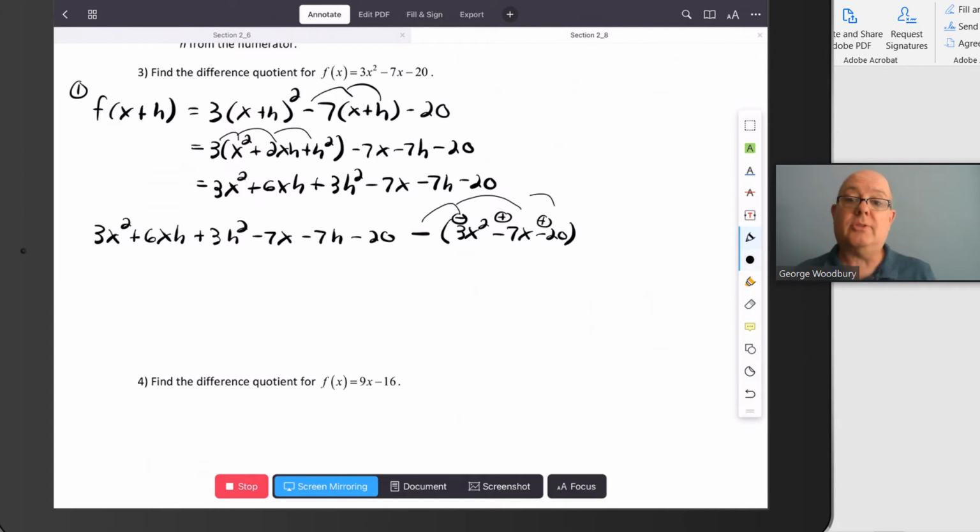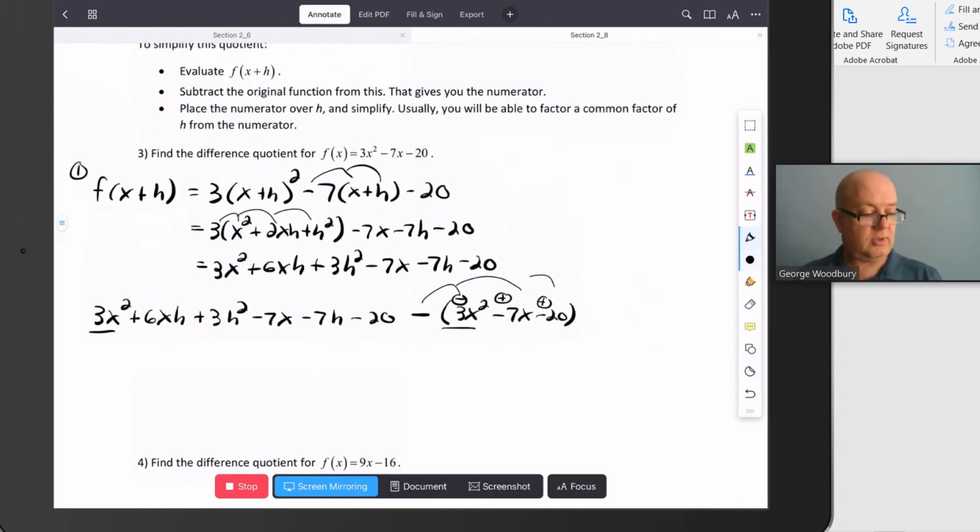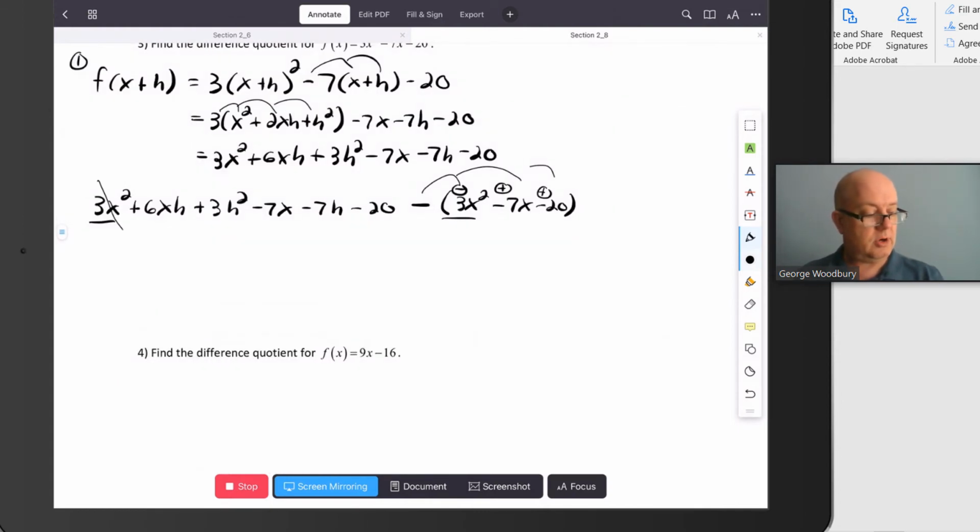Now when we go to combine like terms, 3x squared, negative 3x squared, add to be 0. 6xh, there's nothing for that to combine with, so I'm going to write that down. 3h squared, same issue. Negative 7x, positive 7x, those add to be 0, so I can ignore those.